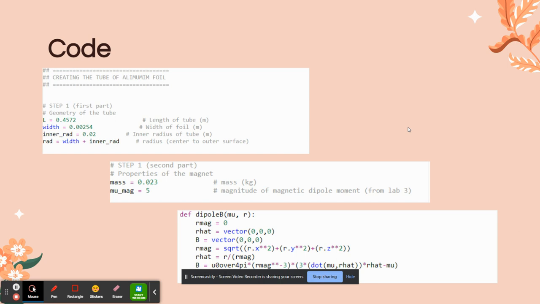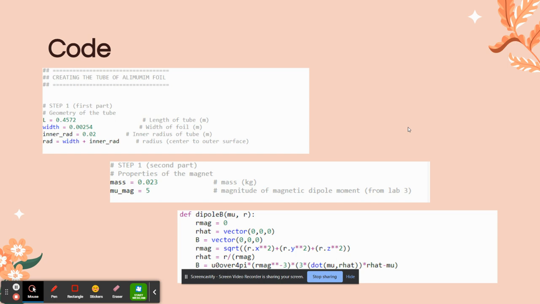So here's the code. The top code is the data that we took from the real aluminum foil tube. And there are the magnet properties.